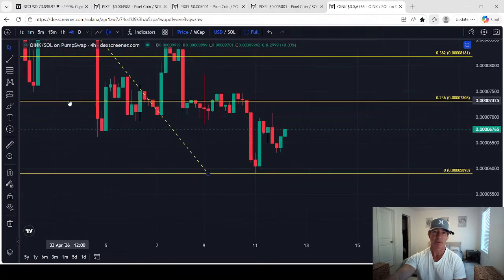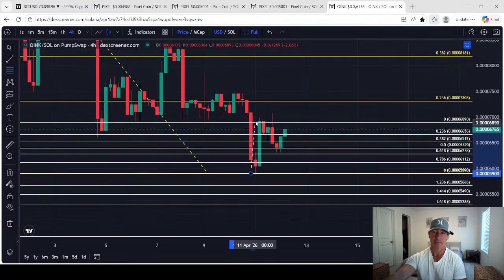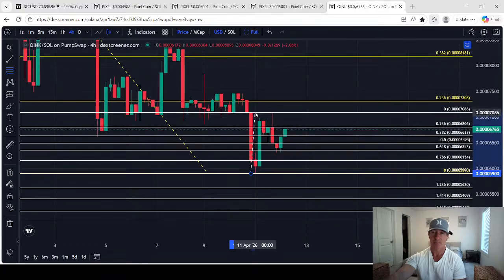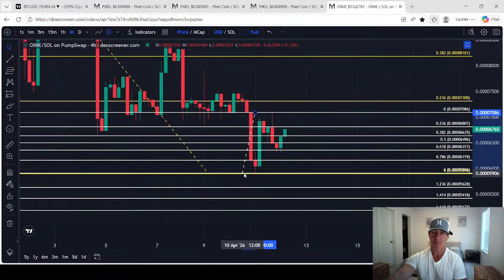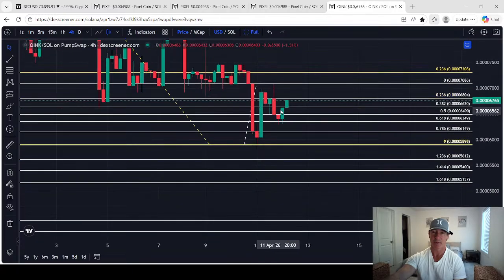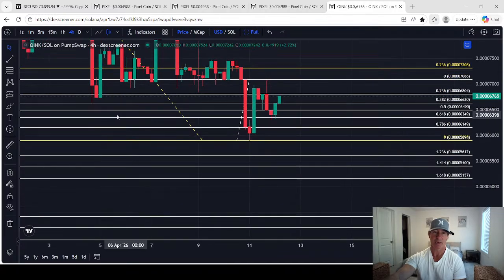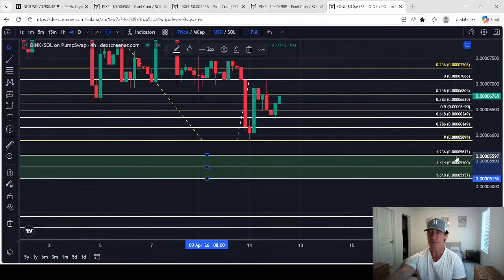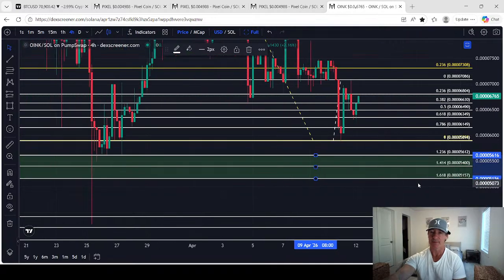And if we want to find lower targets, I'm going to go from the bottom to the top. We got rejected. So if we break this low, we don't break this high, coming down to this level right here, between 0.0005612 and 0.0005157.